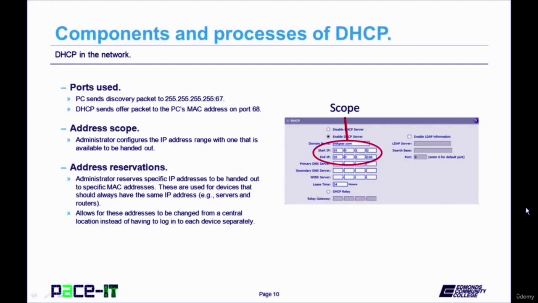If you didn't do that, there is the possibility that your default gateway's IP address might change. Now, the reason we use address reservation is this allows these addresses to be changed from a central location instead of having to log into each device and change the IP configuration separately.